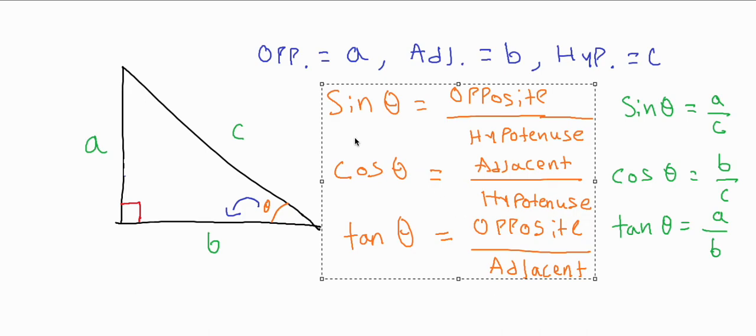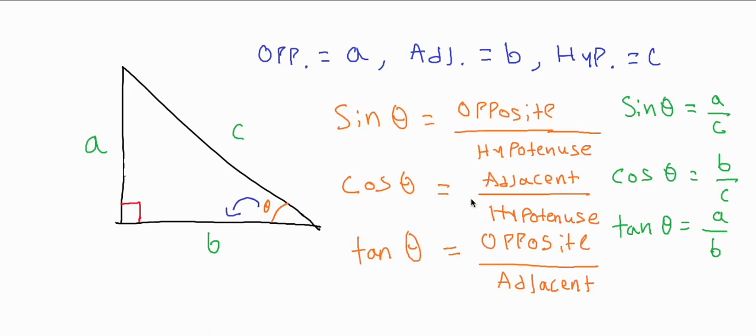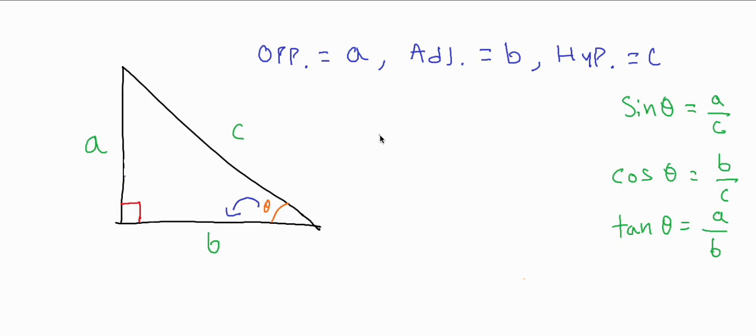SOHCAHTOA. Or if you already have these memorized, think of that. So, what if we are asked to find the cosecant of theta? Well, cosecant we can say is the opposite of sine. So instead of opposite over hypotenuse, it's hypotenuse over opposite.